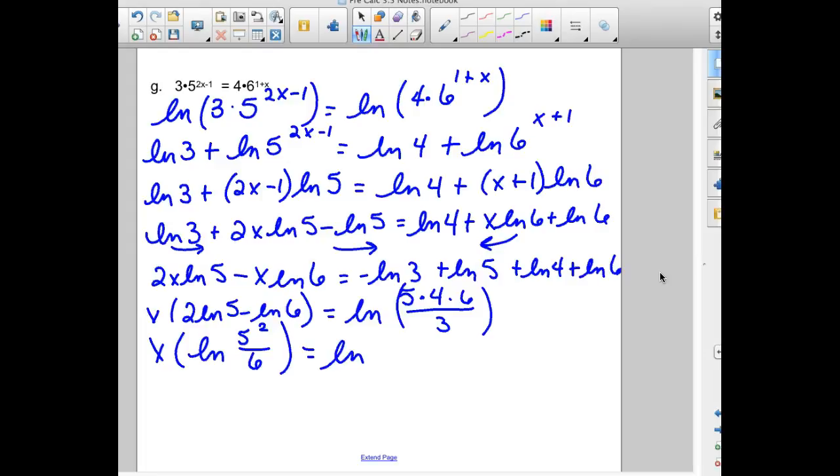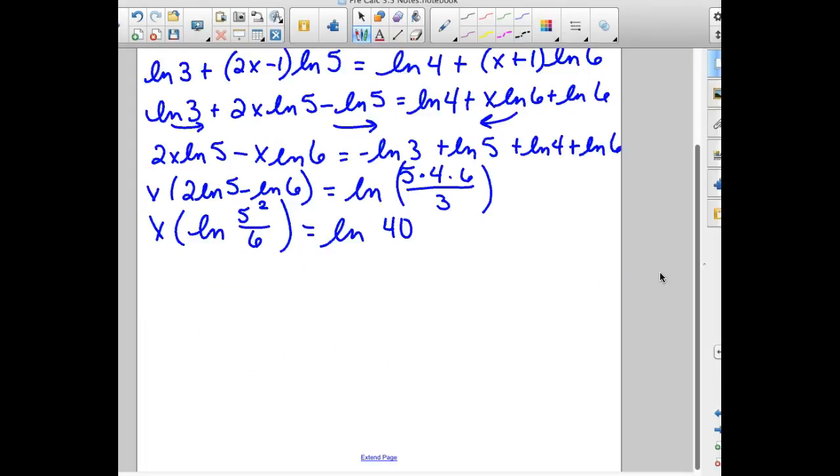On this side, if we take 5 times 6 times 4 divided by 3, we get a 40. And then we can divide this piece over. So it's going to be the natural log of 40 divided by the natural log of 25/6. And again, that would be your exact answer. I'm fine with you leaving it just like that.